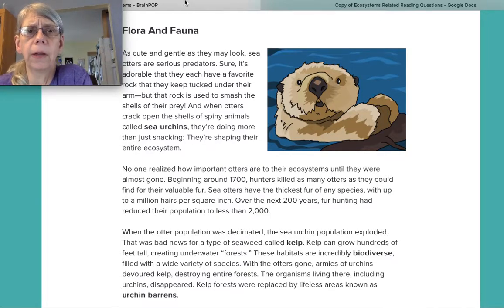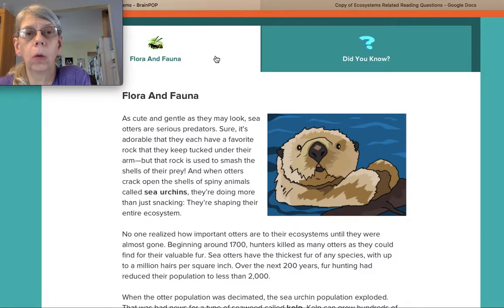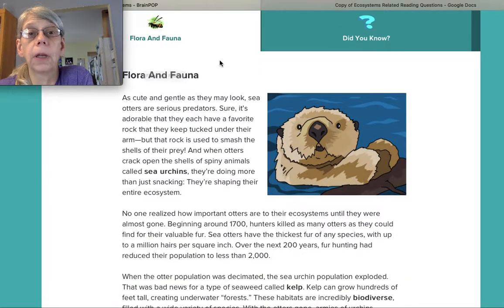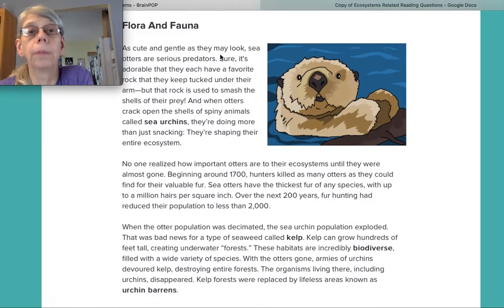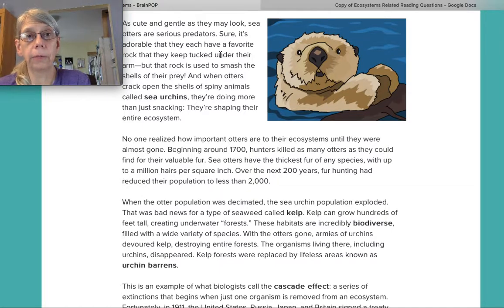All right, but my advice is always to read first. Okay, so you have the overview of the whole reading passage. All right, and we're talking about flora and fauna. Flora means plants in an ecosystem. Fauna means the animals in the ecosystem. All right, so let's start reading.